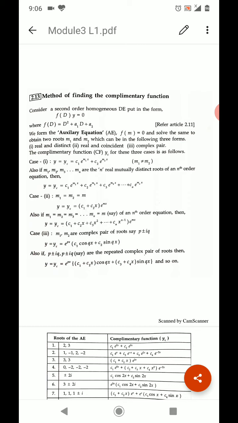Second type, real and coincident, that means m1 equal to m2. Since m1 equal to m2, consider that as m. Therefore yc becomes (c1 plus c2x) e power mx.